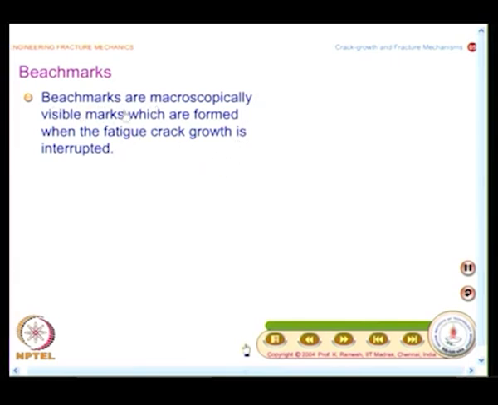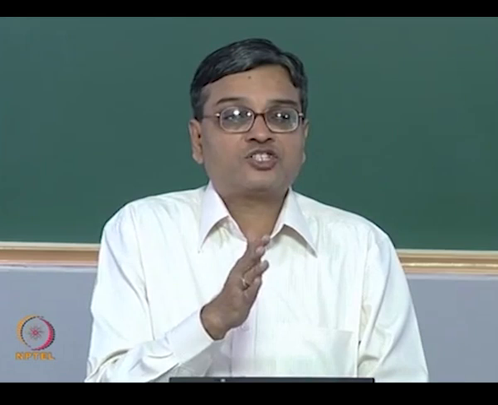These beach marks are formed when the fatigue crack growth is interrupted. That means, you run the machine for several hours and stop it for 1 or 2 days, then restart and run it for several days, then stop. So, the specimen carries a signature.